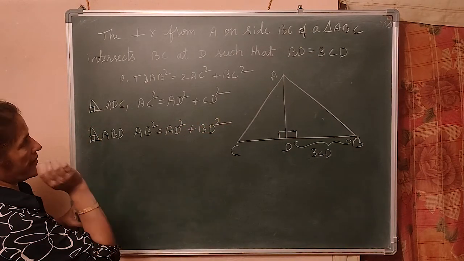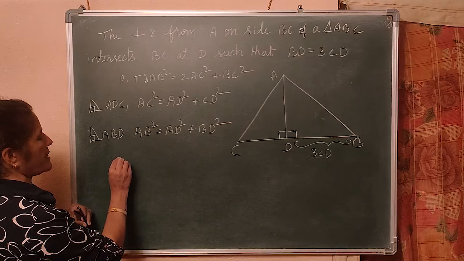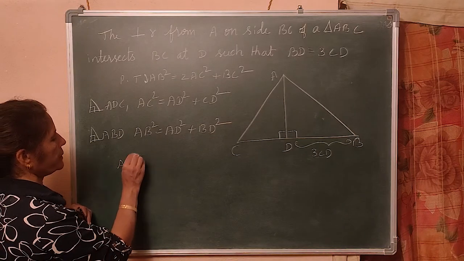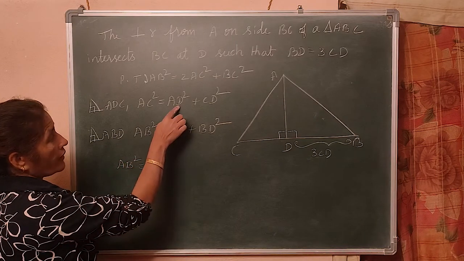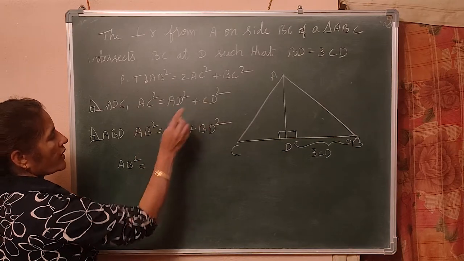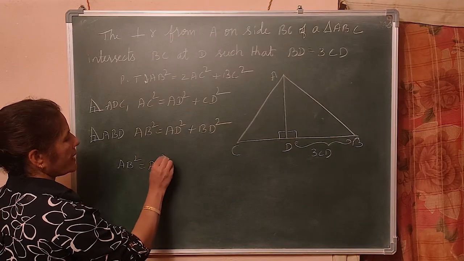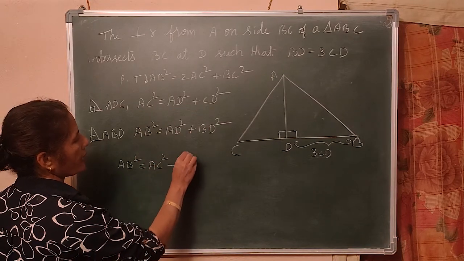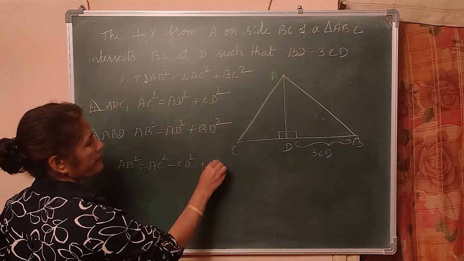Now I want AB square, so let me continue with it. What is AD square? From here, AD square is AC square minus CD square. So AB square is AC square minus CD square plus BD square.